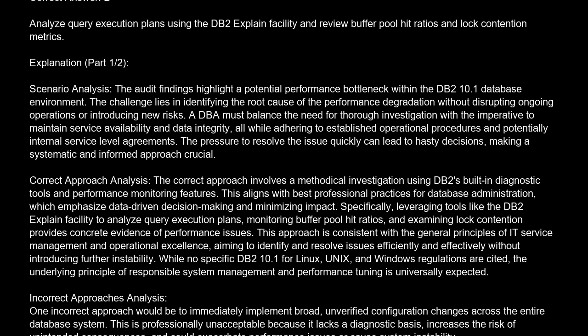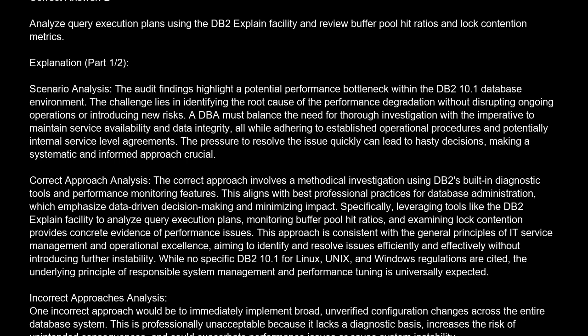Correct approach analysis. The correct approach involves a methodical investigation using DB2 built-in diagnostic tools and performance monitoring features. This aligns with best professional practices for database administration, which emphasize data-driven decision-making and minimizing impact. Specifically, leveraging tools like the DB2 explain facility to analyze query execution plans, monitoring buffer pool hit ratios, and examining lock contention provides concrete evidence of performance issues.